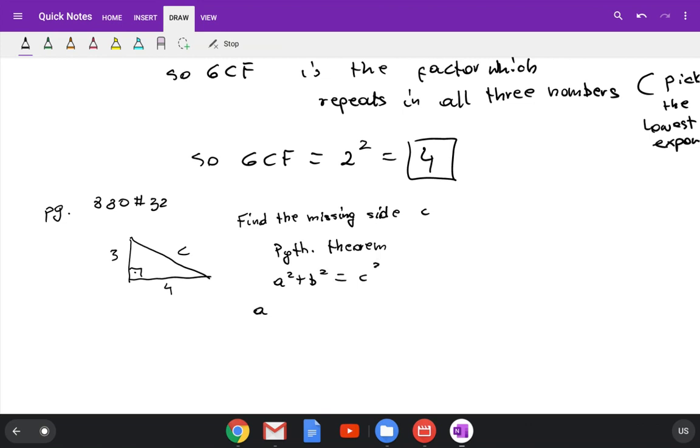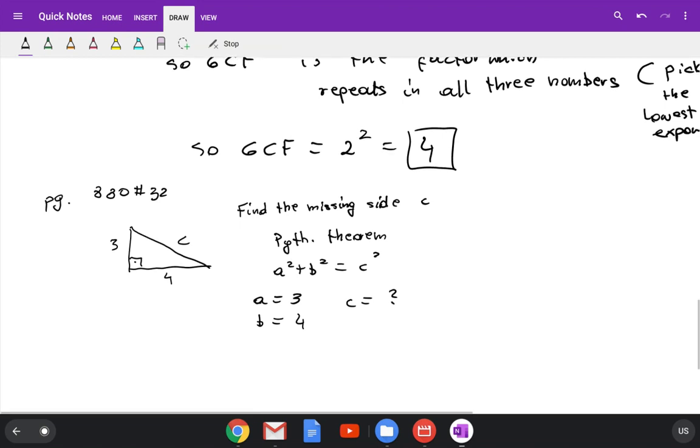A is 3. It's just easier if you study that way. That's the shorter leg. B is the middle side, which is 4. C is the hypotenuse, the longest one, which we need to find.